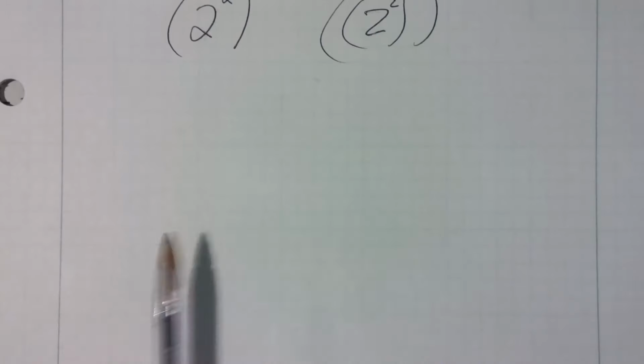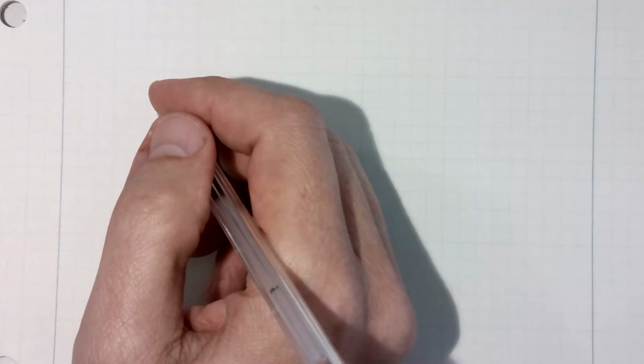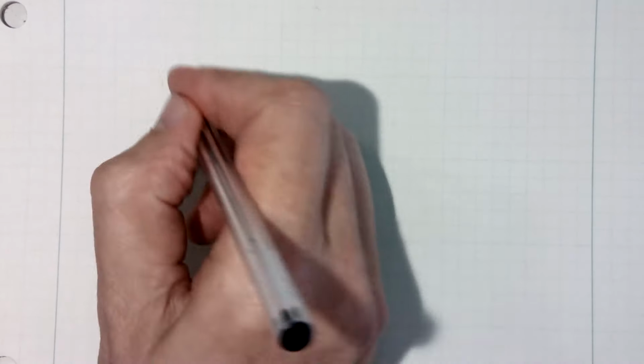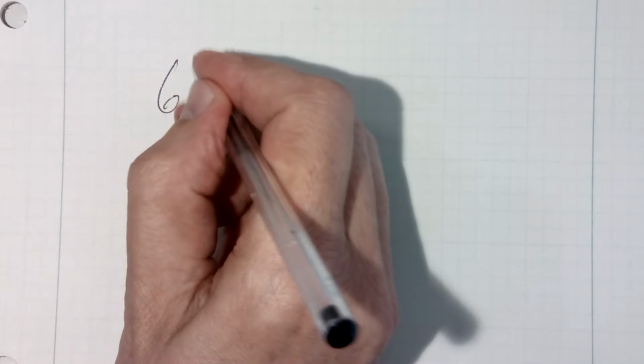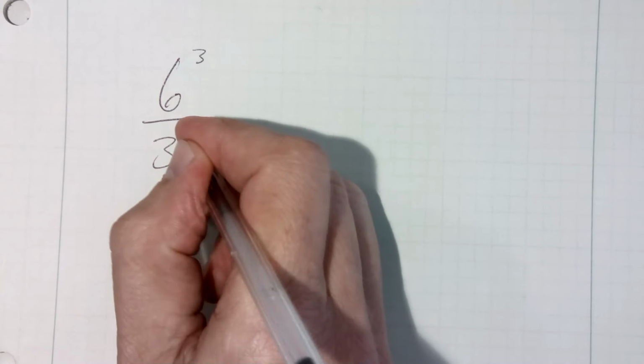Sometimes when we're given an exponential equation and we're asked to find a different representation, the easiest and best thing to do is to break down the exponential expression into prime numbers. What I mean by that is this. Let's say I gave you 6 to the 3rd power divided by 3 to the 3rd power.